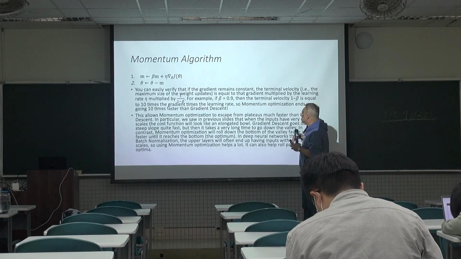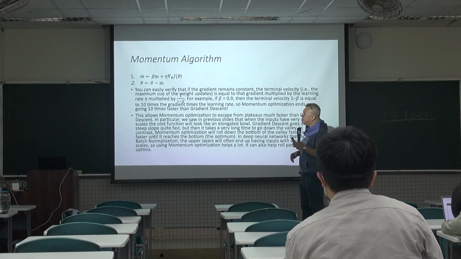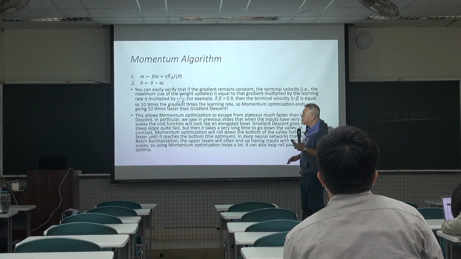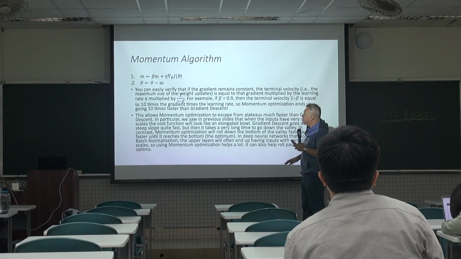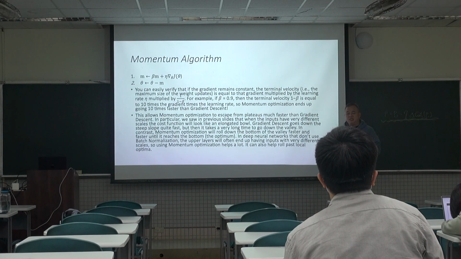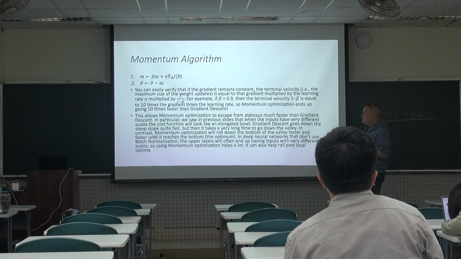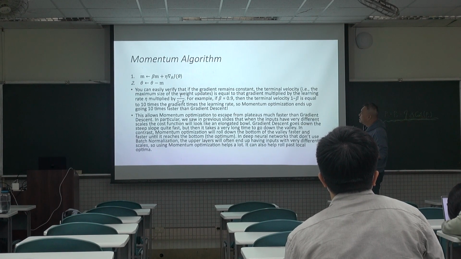So you can do a very easy calculation to see what is the highest possible learning rate. I mean, or not learning rate, I mean the highest possible moving speed.